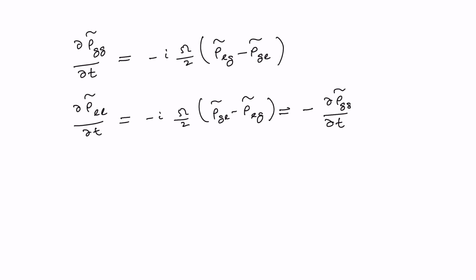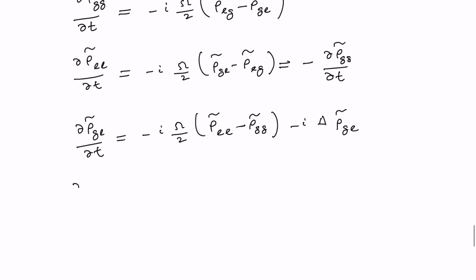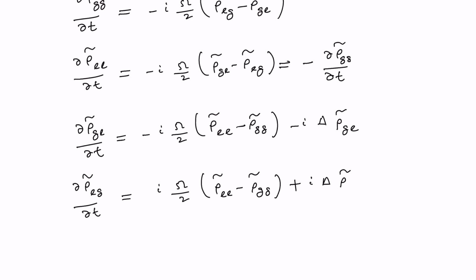And then for the off diagonal elements, you will have delta rho tilde ze delta t is equal to minus i omega by 2 rho tilde ee minus rho tilde zz minus i delta rho tilde ze, and delta rho tilde ez delta t is equal to i omega by 2 rho tilde ee minus rho tilde zz plus i delta rho tilde ez.